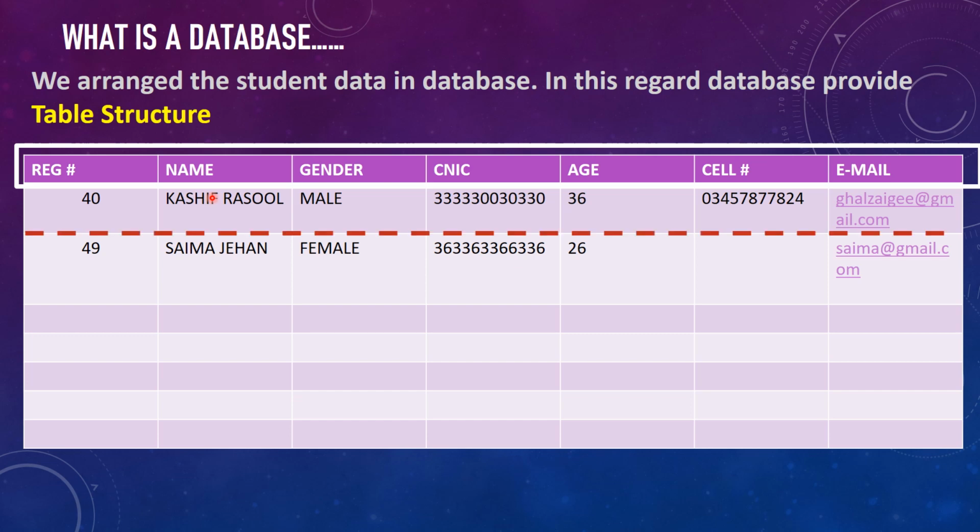So one record of any entity or any entry is called a row. This is a row. Let's suppose we call it row 1 and this is row 2.